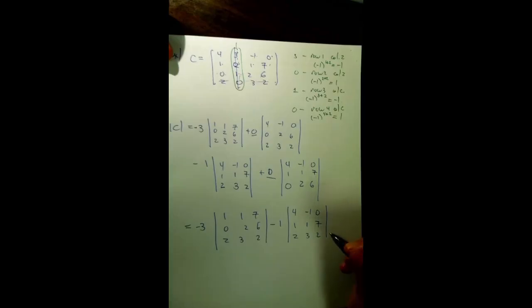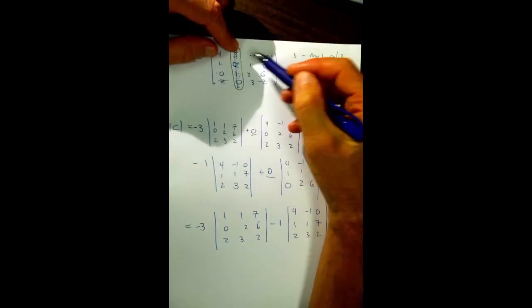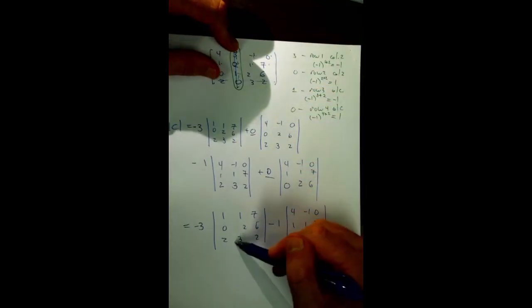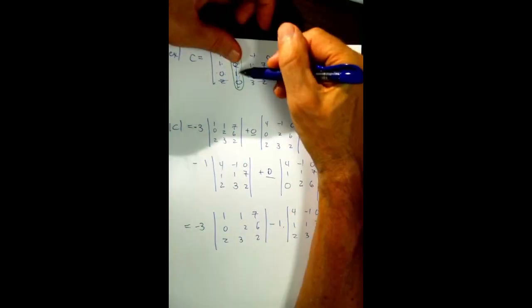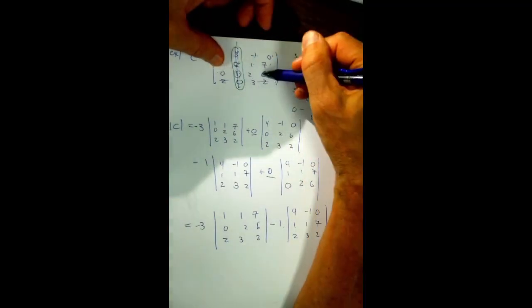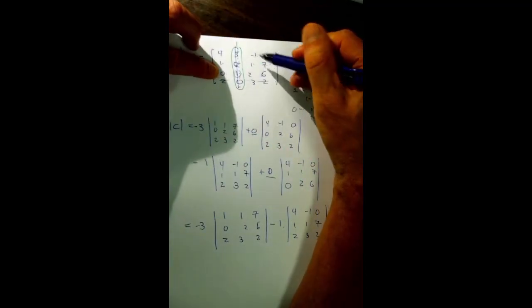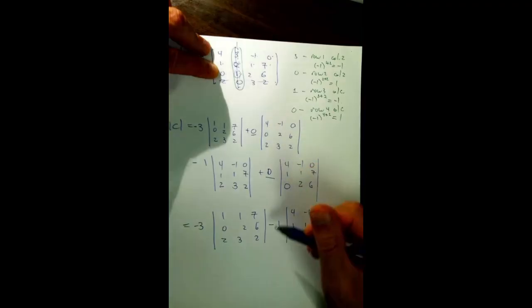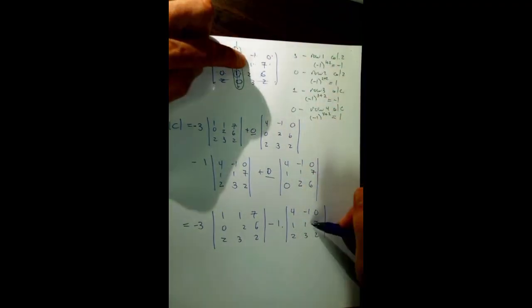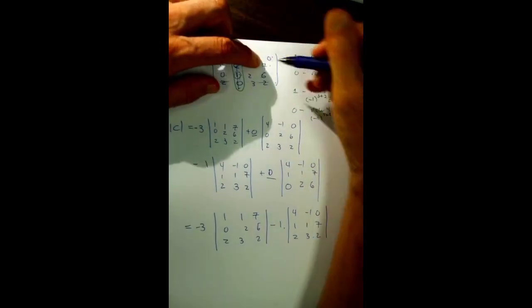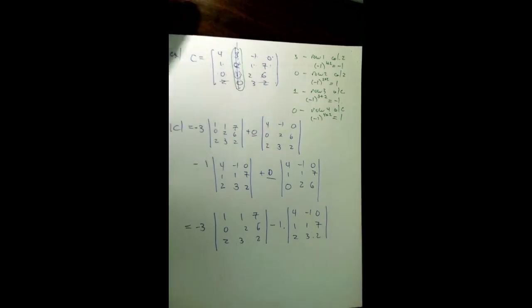Something's wrong. So with this 3, I remove the first row. I'm left with 1, 1, 7, 0, 2, 6, 2, 3. I think that's okay. This came from that term. If I remove that row and that column, I'm left with 4, 1, 2, minus 1, 1, 3, 0, 7, 2. I think we're okay. All right.